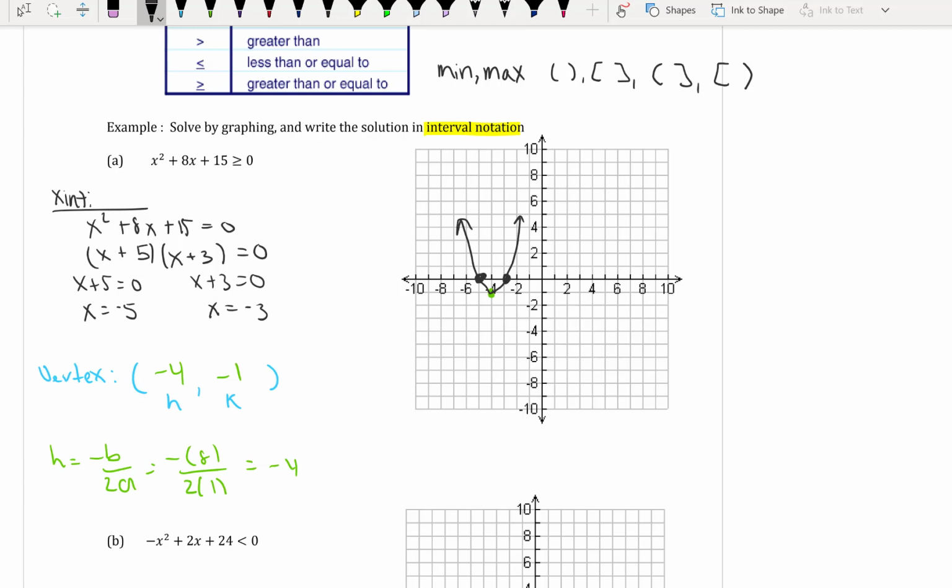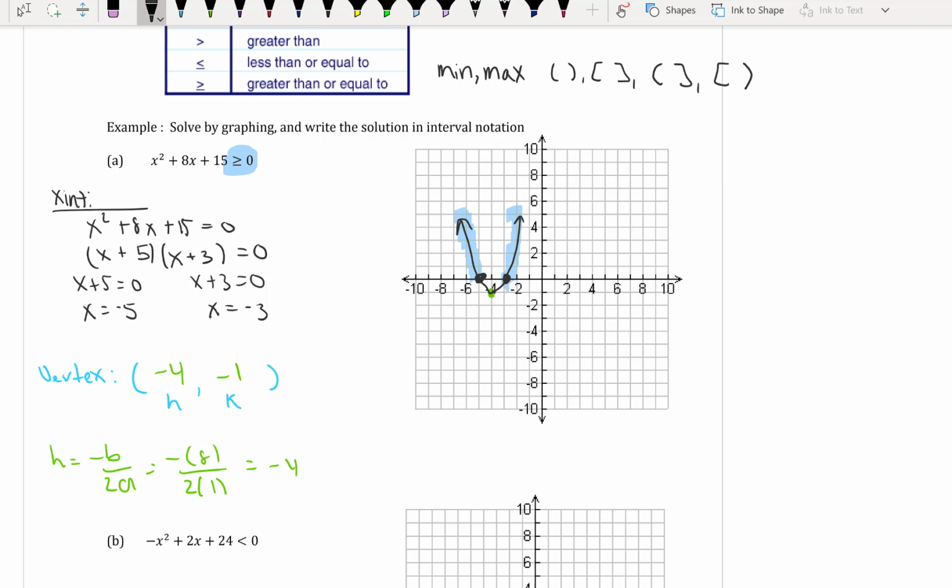So when it specifically is asking me to write this in interval notation, I'm looking at greater than or equal to 0. If it's greater than or equal to 0, it's telling me that my values on my graph are going to be positive. So here, my positive graph is here and here. So I need to represent that.